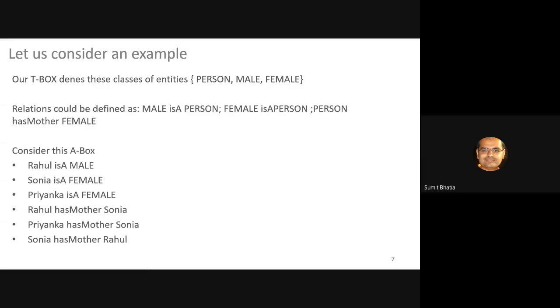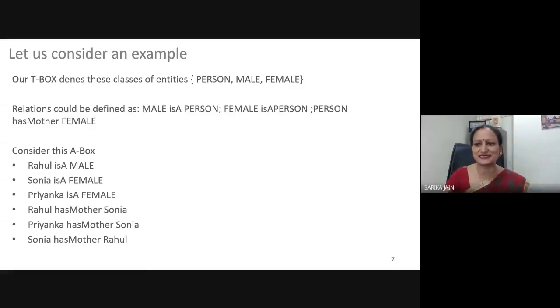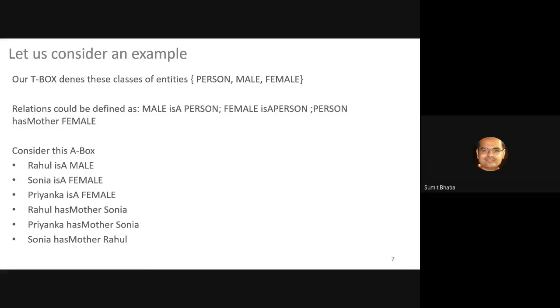I can see one question in the chat box: can we include more than two entities in a box? Yes, you can have multiple entities in a box. You see here we have all these different entities, Rahul, Sonia, Priyanka, so you can have multiple entities in the A box. I'm assuming the question is more about whether a single relationship can have more than two entities.